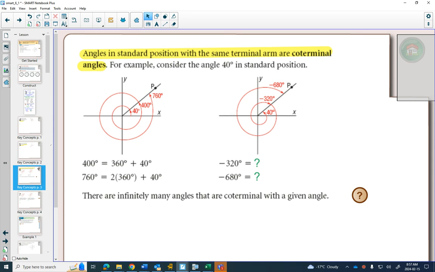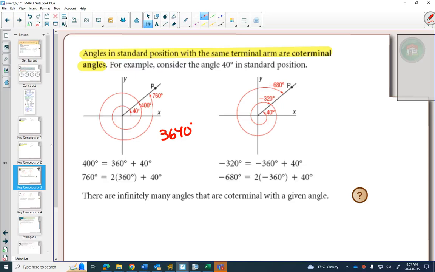So finding coterminal angles is actually quite easy. You can always find a coterminal angle by taking the angle that you're at, and you can add or subtract 360 degrees as many times as you want, right? Would you agree that 3,640 degrees is coterminal with 40 degrees?